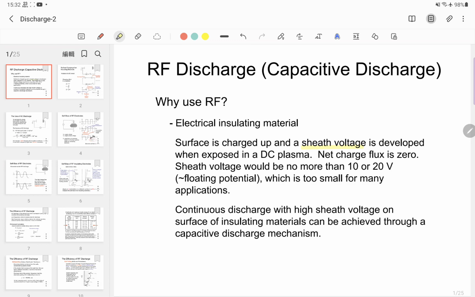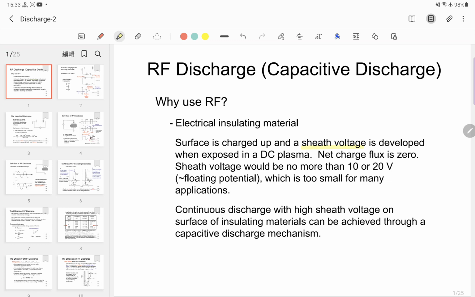Okay. So if we place an insulating material inside the DC plasma, the surface of the insulator will charge up negatively, and then reach a stable condition, so that the ion flux and electron flux coming to the surface of the substrate become equal.